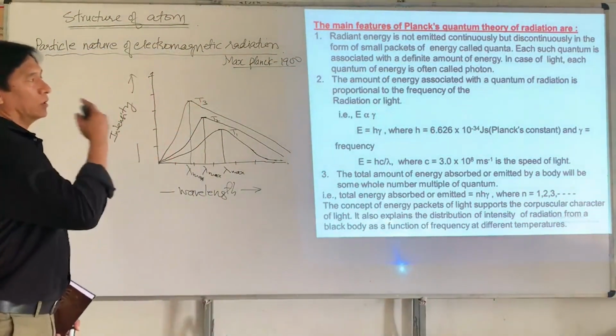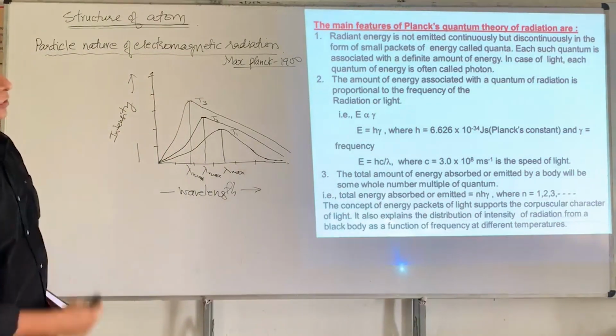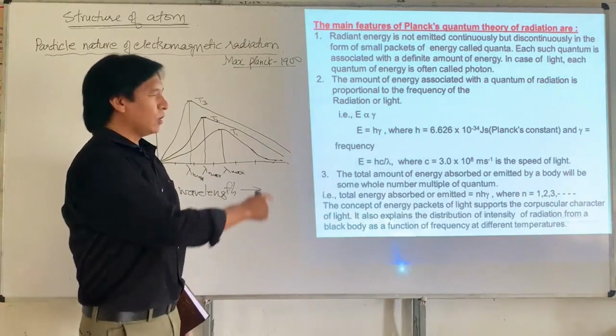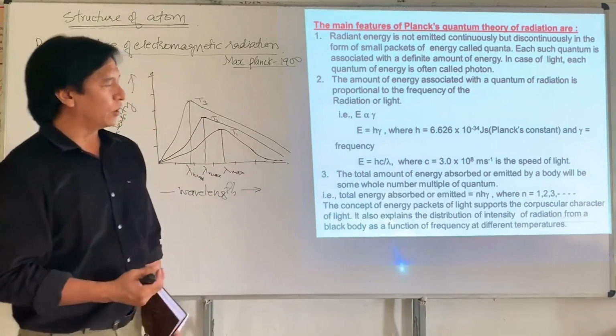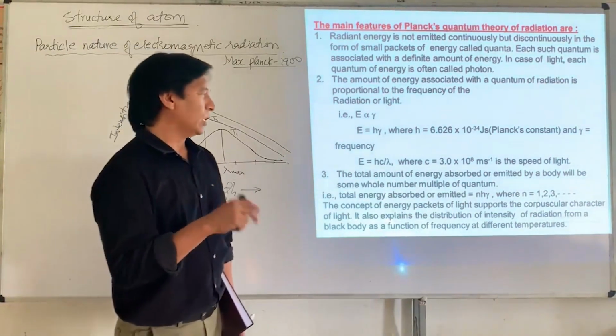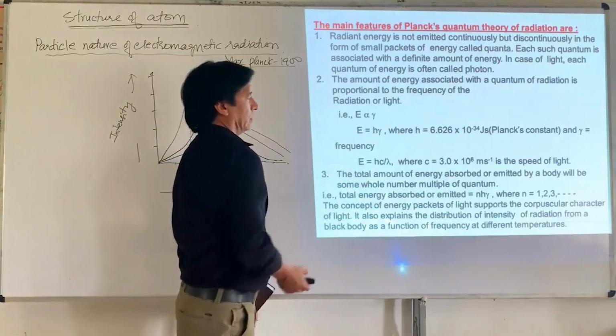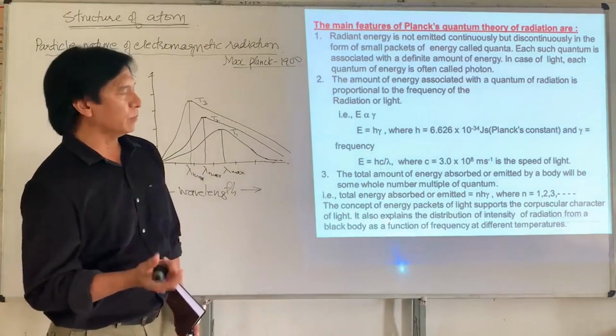And then the third important point with regard to Planck's quantum theory of radiation is that the total amount of energy absorbed or emitted by a body will be some whole number multiple of quantum. So it will always be a whole number multiple of quantum.